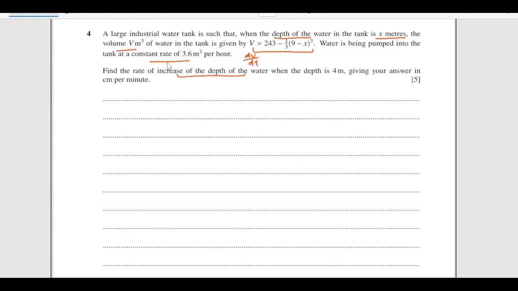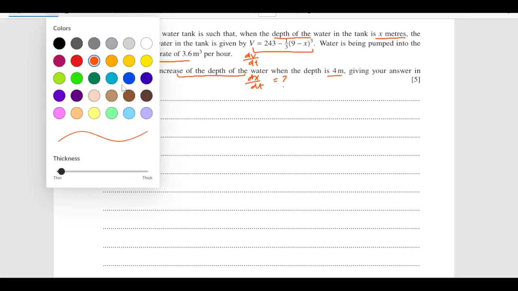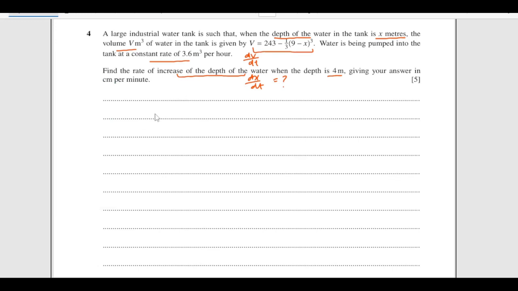So that means we are looking for dx over dt, when the depth is 4 meters, giving the answer in centimeters per minute. So we want to find out the rate of increase of depth of the water when x is equal to 4 meters. So dx over dt is required.